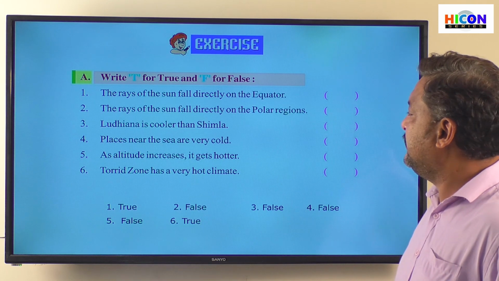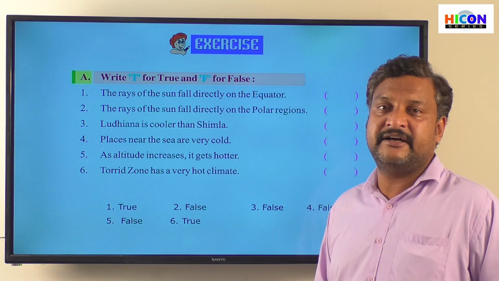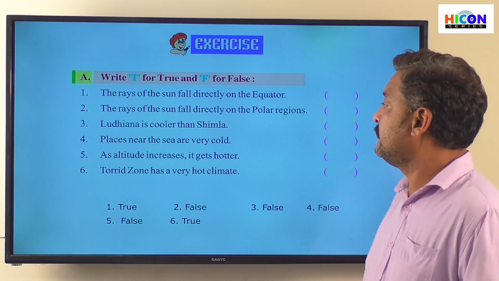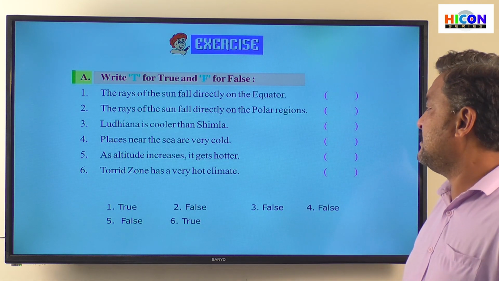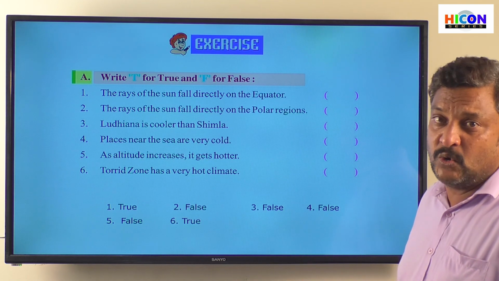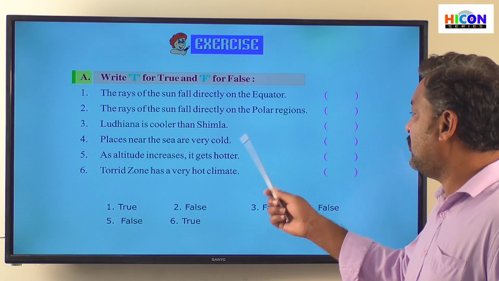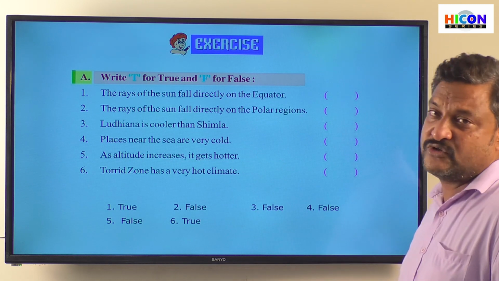Places near the sea have a very cold climate is a wrong statement because it's a moderate climate. As altitude increases, it gets hotter is again a wrong statement, because it becomes cooler at that time. Then torrid zones have a very extreme hot climate is a true statement.